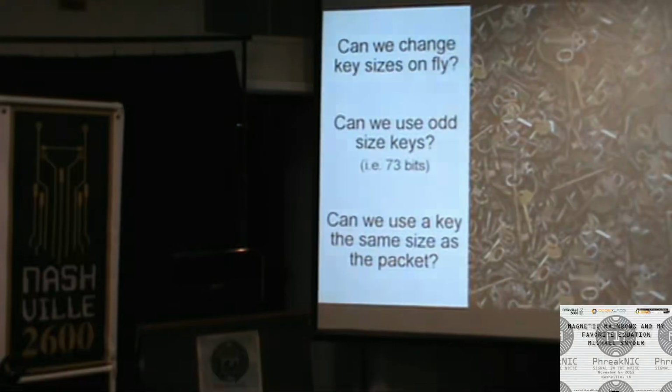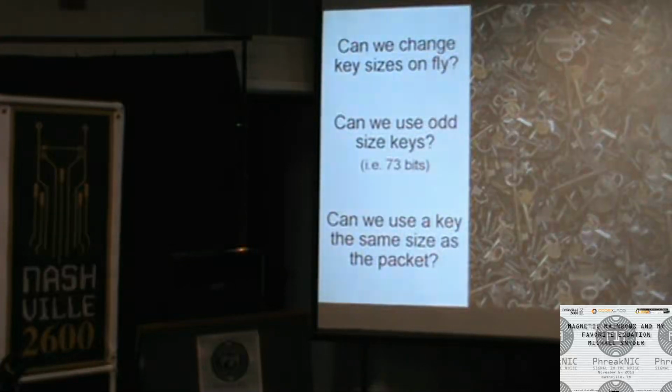It's basically a computer. It'll follow the instructions that are given it, which means we can change key sizes on the fly. Could you imagine how frustrating that would be for somebody who's trying to decode your packets? Not only did we change the key, but we changed the key size, from one packet to the next.